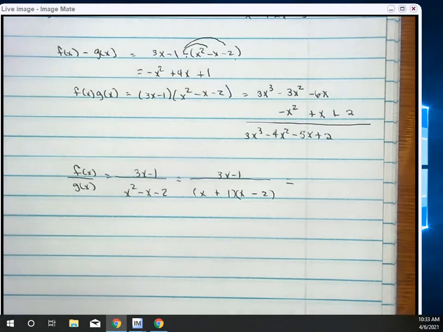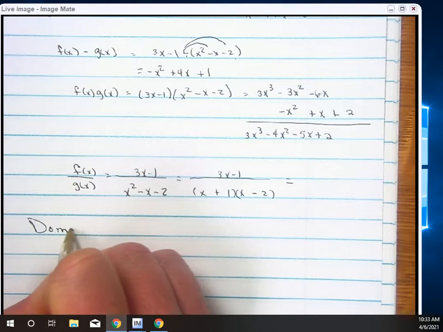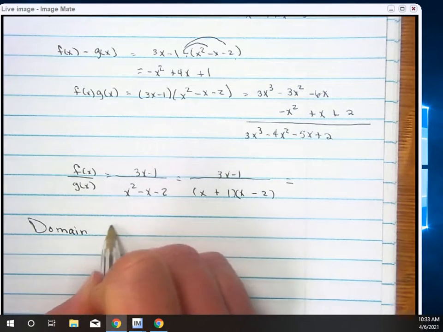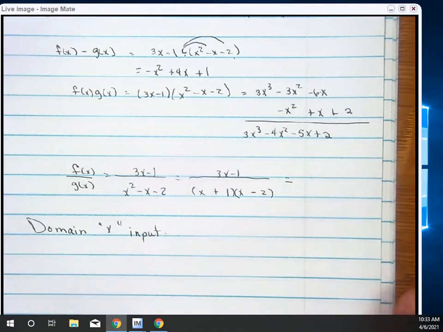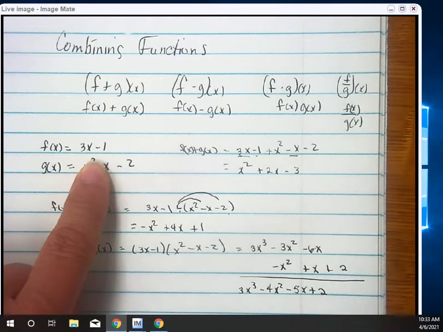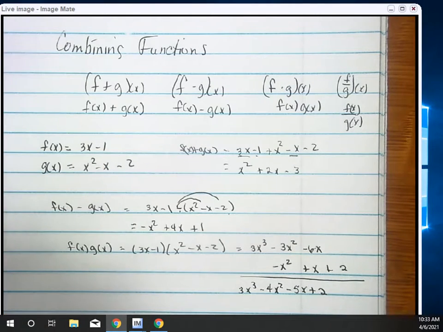Now, what is domain? Your input values, the x's. Is there any restriction on a line? What's the domain for 3x minus 1?